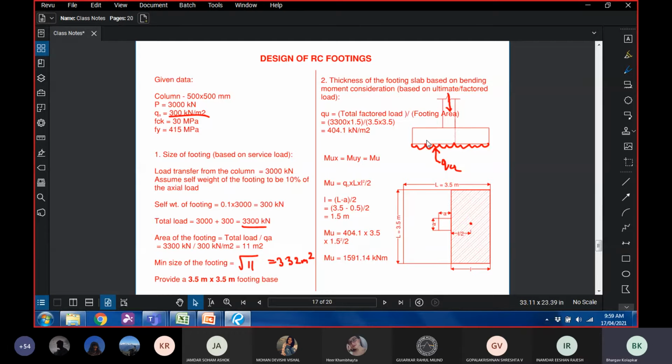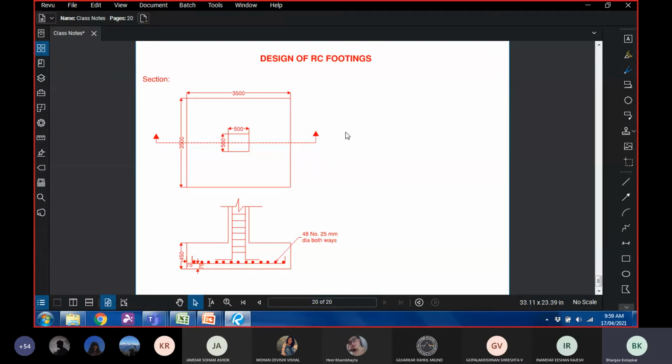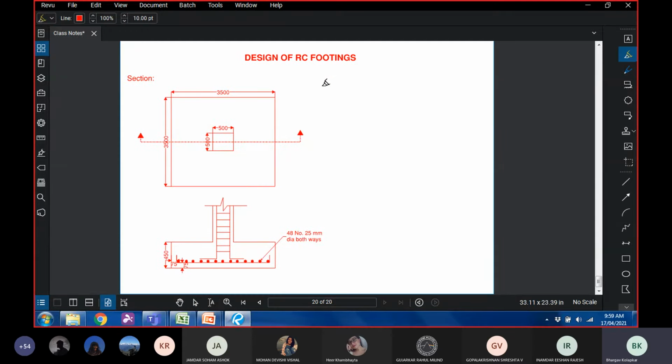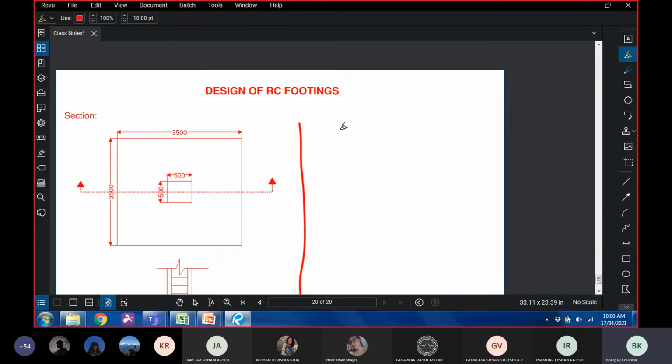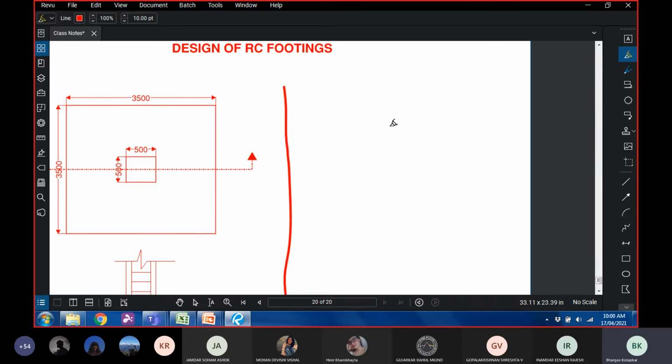Now there was a question as to what do we do if we get a rectangular footing. So perhaps I would answer this question. If you get a rectangular column, you always have an option. You can provide a rectangular footing.